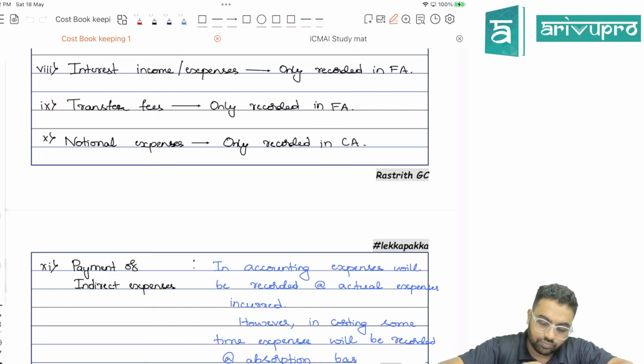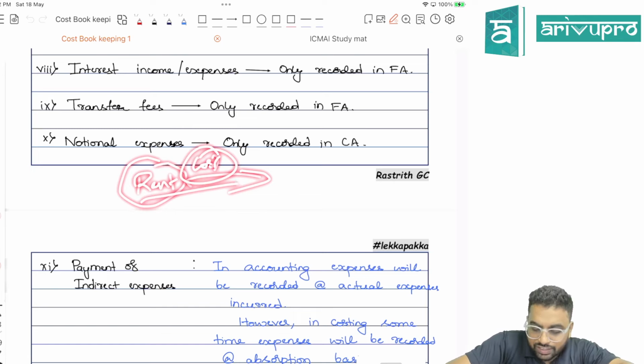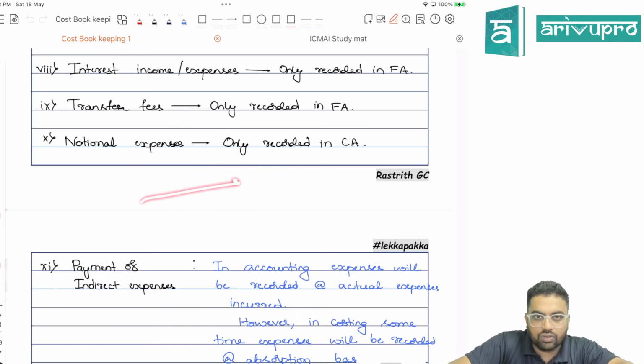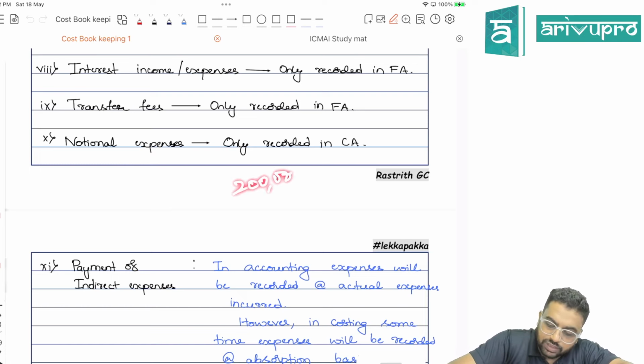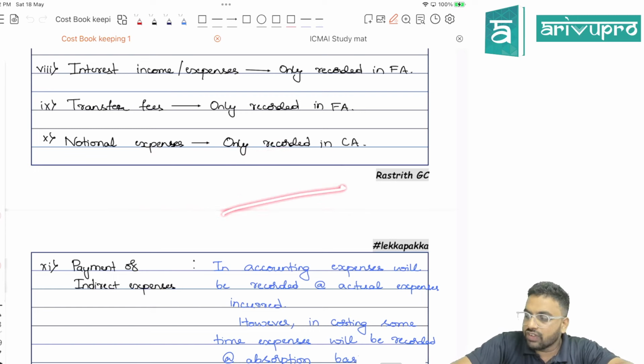Yes, sir. Now my question: rent paid or rent lost. For example, we have one factory, one building. If we had rented it out, we would have ended up making 2 lakh rupees per month.